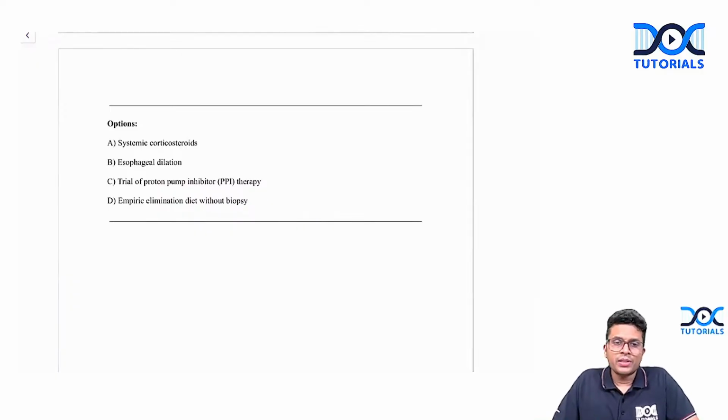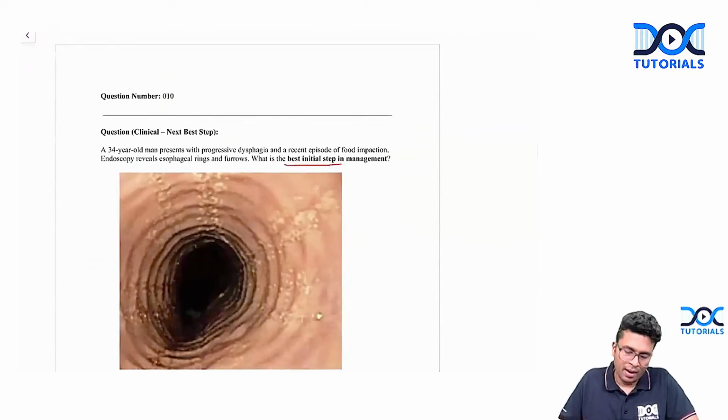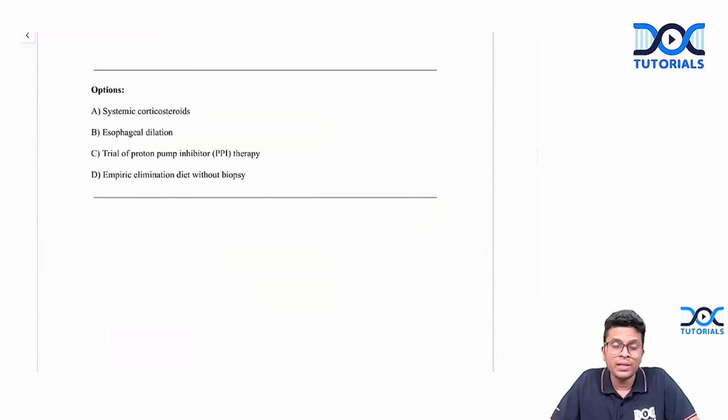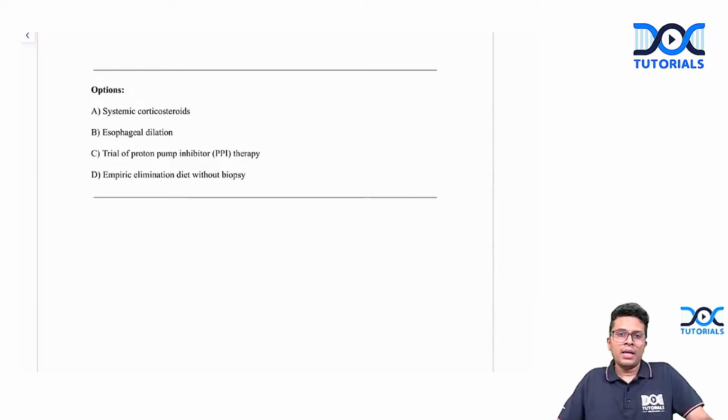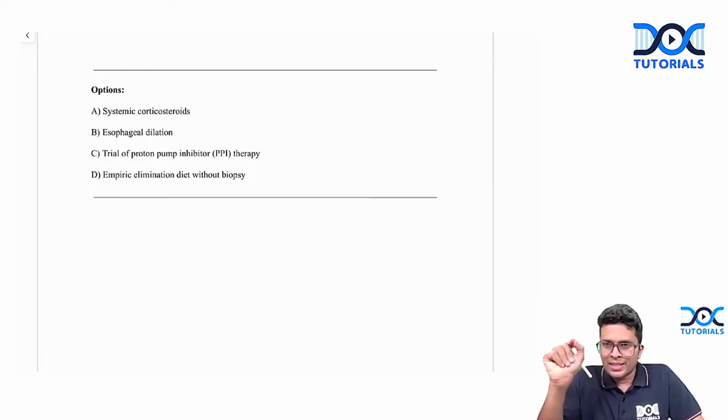The question is, what is the best initial step in management? Would you give a systemic steroid, dilate the patient, give a trial of PPI, or start an empirical elimination diet without biopsy? You should know that close to 50% of patients with eosinophilic esophagitis have PPI responsiveness.